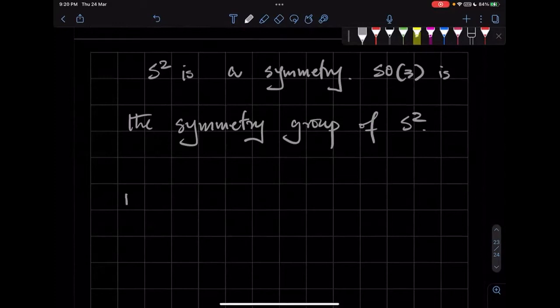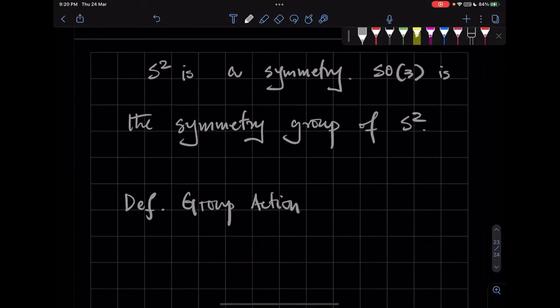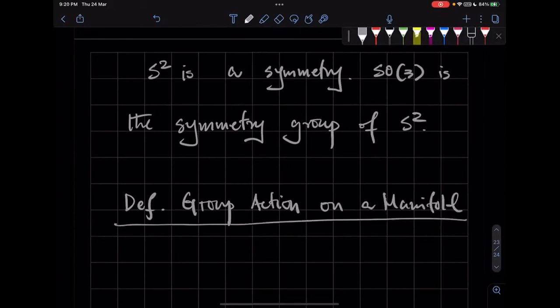Okay, let's now define, first of all, what do we mean by a group action on a manifold? Intuitively, what I'm trying to say is that if I take a globe and I rotate the globe around any axis that goes through its center, that globe is just going to look like itself.